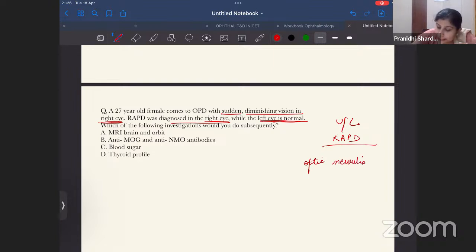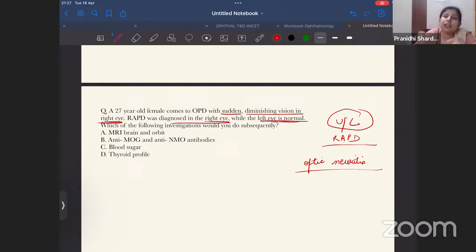But optic neuritis is not the only disease showing RAPD, so we have to look at the other options also. The history says that the disease is unilateral, and this unilaterality is enough to support our diagnosis of optic neuritis.